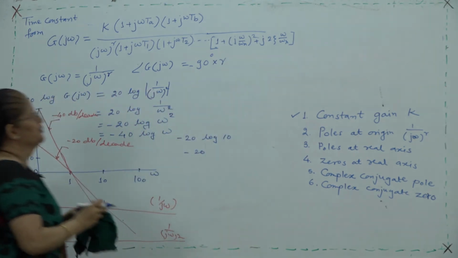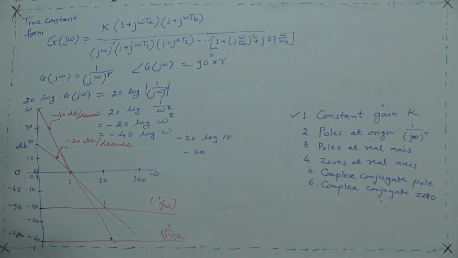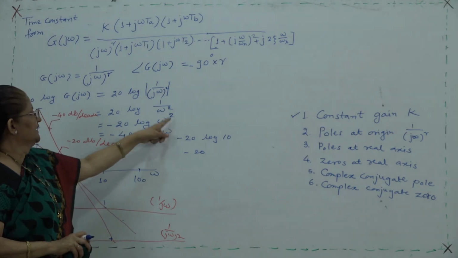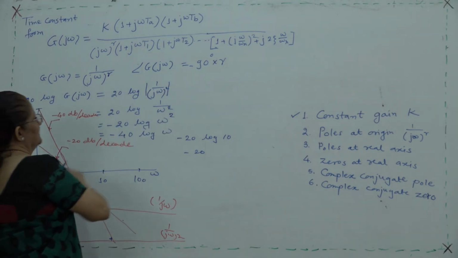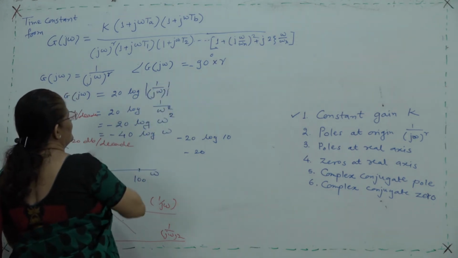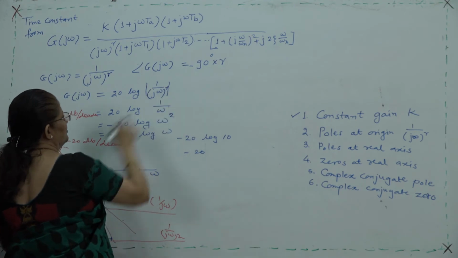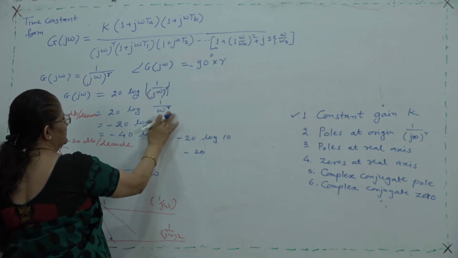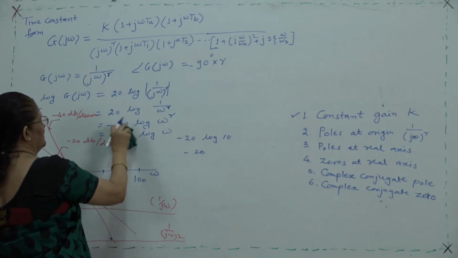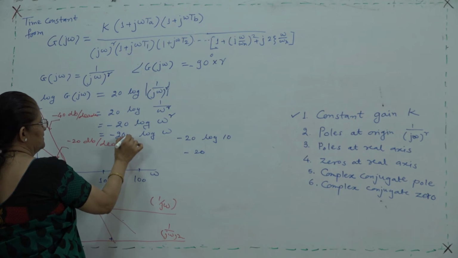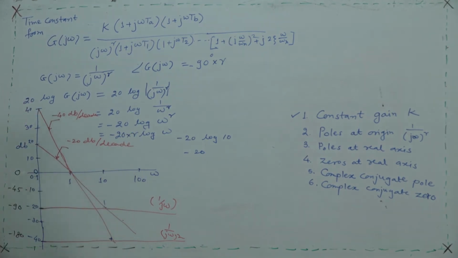Each pole will contribute minus 90 degrees, and so minus 90 degrees into R. Here we saw 20 into 2 we are getting. So, here we will write j omega raised to R, generalize it. You will get omega raised to R, meaning that here we will get minus 20 times R log of omega.